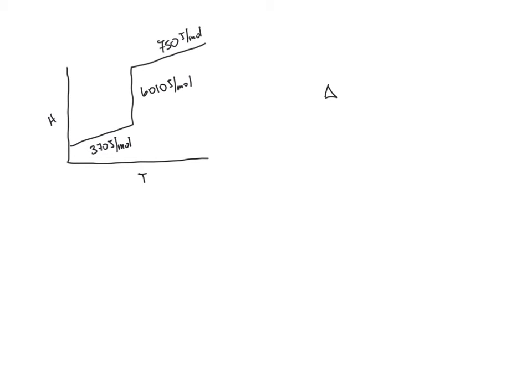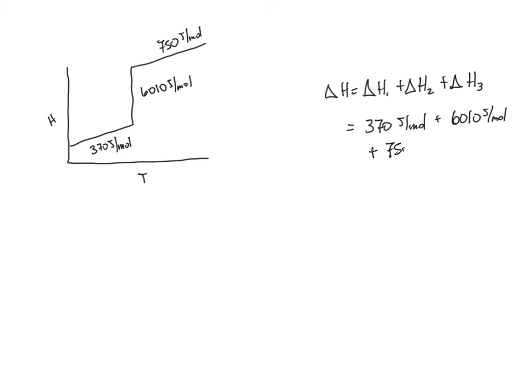And so our delta H is going to be the sum of all of these, giving me 370 joules per mole plus 6010 joules per mole plus 750 joules per mole, with a sum total of 7130 joules per mole.